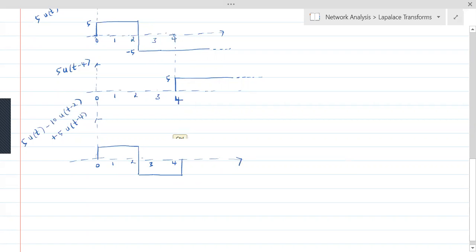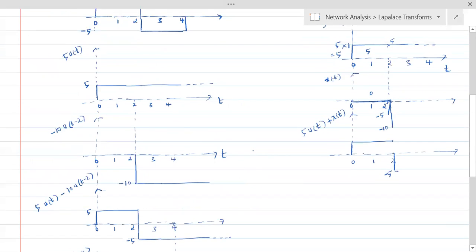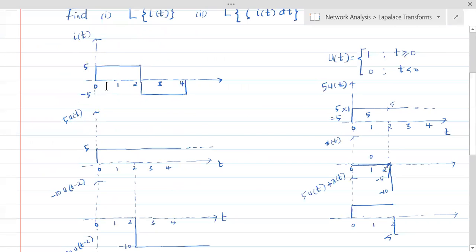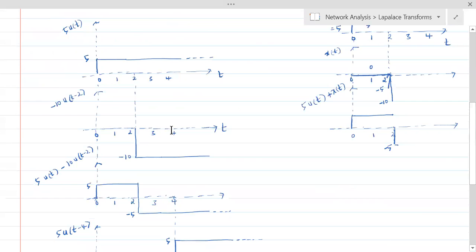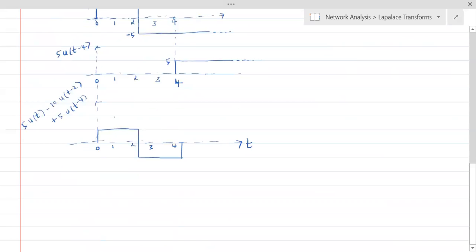So what is this signal? This is the given signal. Everybody see here? So I of t, this is 5 and this is minus 5. So now this is our given signal in terms of u of t.